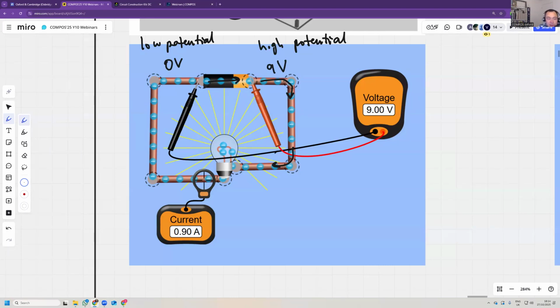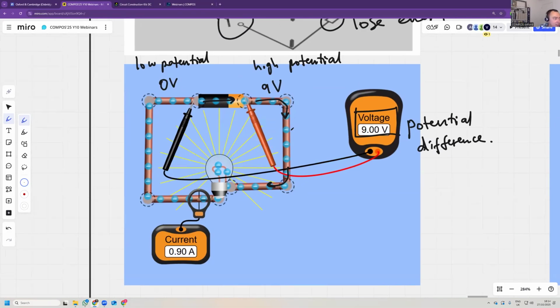And this is 9 volts. And the voltage is 9, so that's the potential difference. It doesn't have to be 0 and 9. It might as well be, let's say, 5 volts and 14 volts. We don't know the potential because the voltmeter doesn't tell us. The voltmeter just gives us the potential difference.